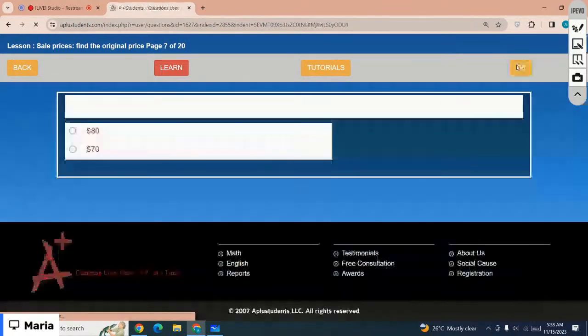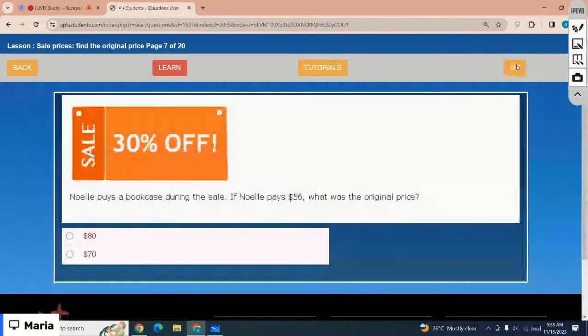Okay, the next one is Noel buys a bookcase during the sale. If Noel pays $56, what was the original price? So, which is the correct option?